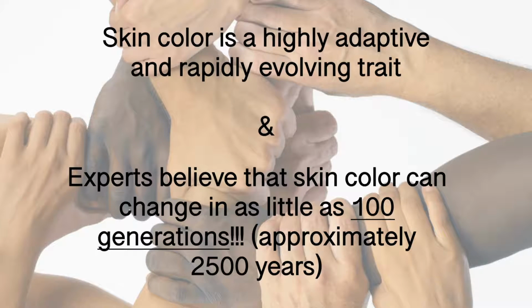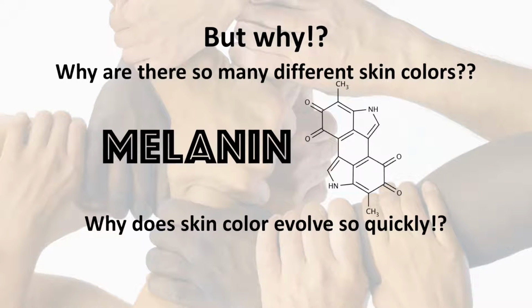So what this actually means is that whether you have light skin or dark skin, or your family has light skin or dark skin today, your family may have actually, in as little as 2,500 years ago, had a different skin tone. But why? Why are there so many different skin colors?